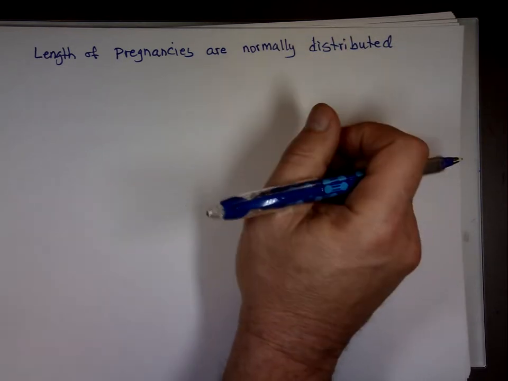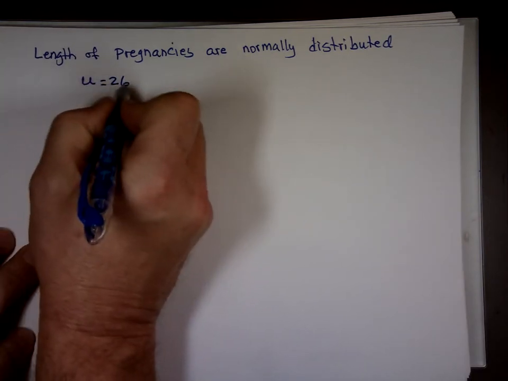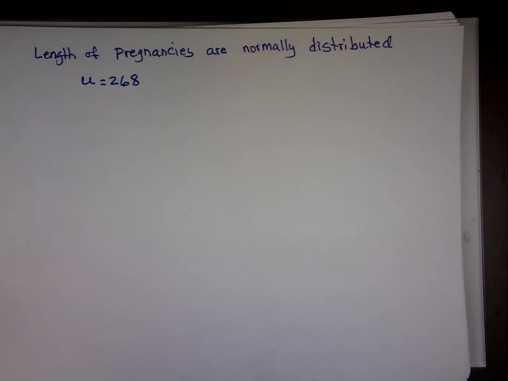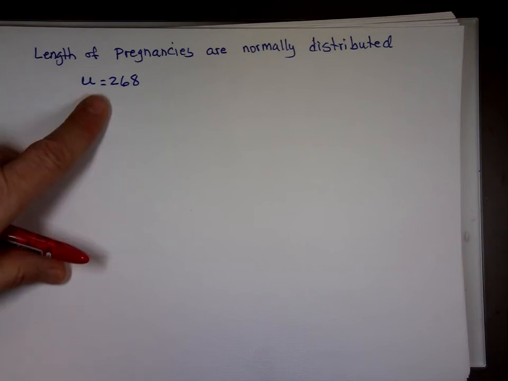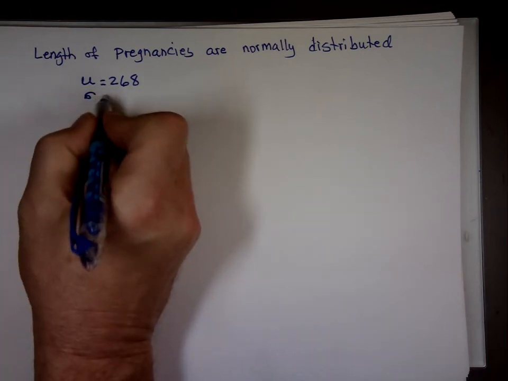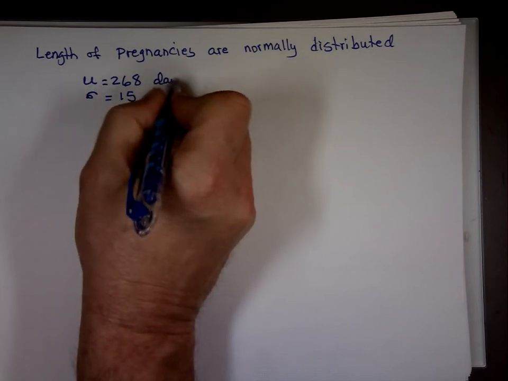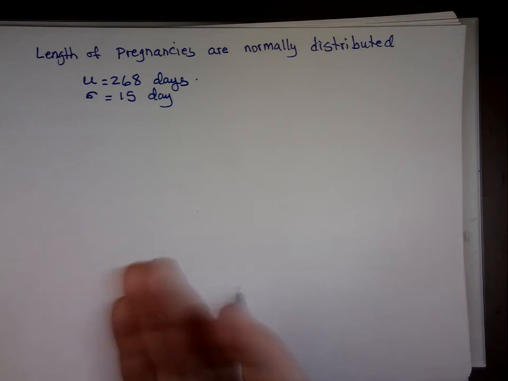It's 9 months. It actually has a mean of 268 days. If you take 9 months, an average of 30 days per month, what's 9 times 30? 270. So based on the records we studied, pregnancy average is 268 days, which is almost 9 months. You're 2 days off the 9 months. It's usually within 2 weeks, give or take, once the baby's ready. Standard deviation sigma is 15. That's the 2 weeks. So we're saying pregnancy is a normal distribution with the average being this and the standard deviation being that.